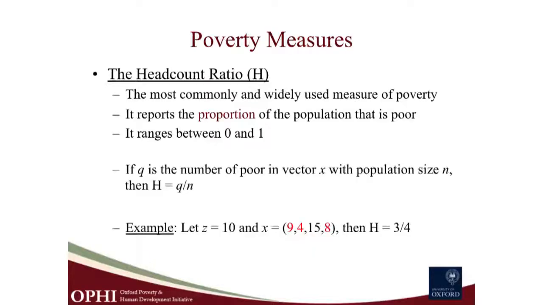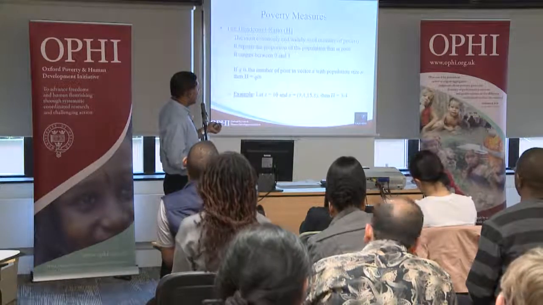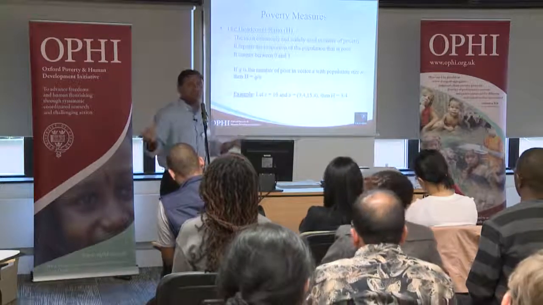If Q is the number of poor in this particular distribution and total population size is n, then the head count ratio is simply Q over n, the ratio of the population poor divided by the total population. That's a simple measure. For example, if Z is equal to 10 and the distribution is 9, 4, 15, 8, where 3 people are identified as poor, the head count ratio is simply 3 over 4 or 75%.